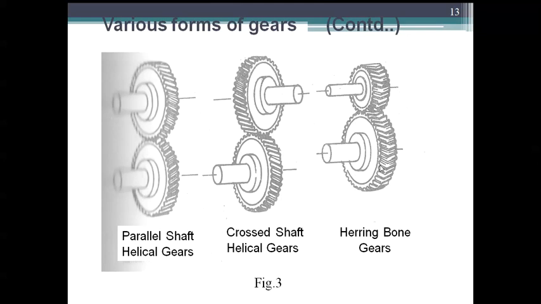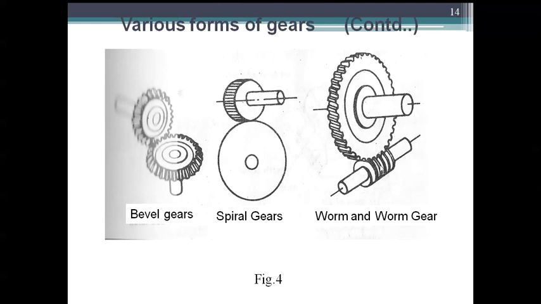Herringbone gears are the same as helical gears but have inclination on two sides. In helical gears there is an unbalanced force, and to balance that we use herringbone gears, which have inclination on both sides. Bevel gears are used where the shafts are perpendicular to each other; in that case we use bevel gears to transmit power.